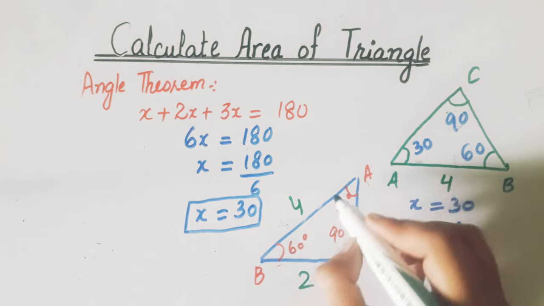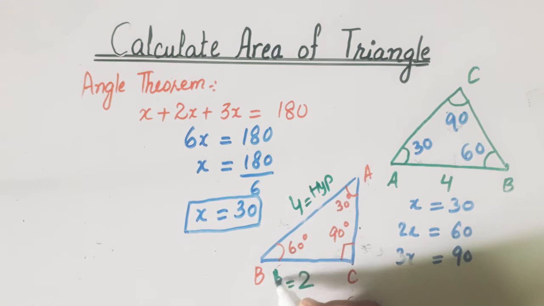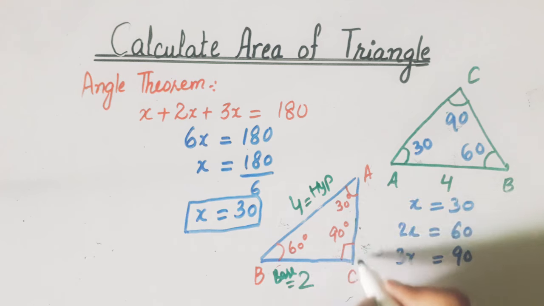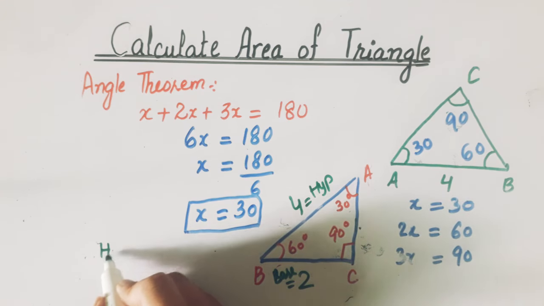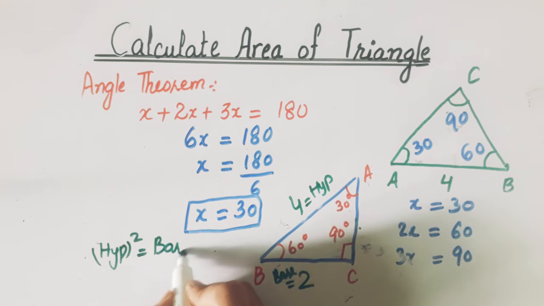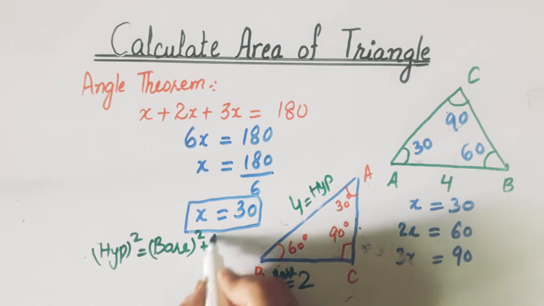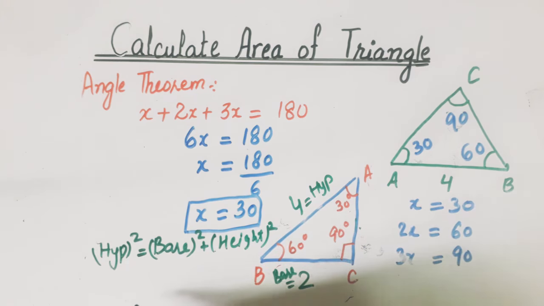According to that, the longest side is the hypotenuse, this is the base and this is the perpendicular. So by the Pythagoras theorem we know that hypotenuse square equals base square plus height square. We have to find the height.